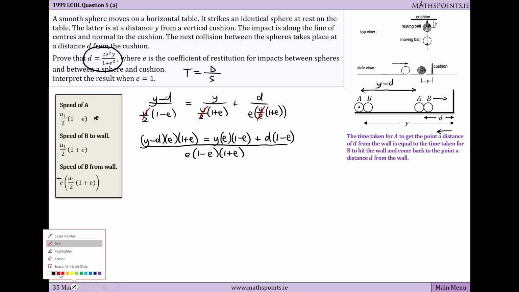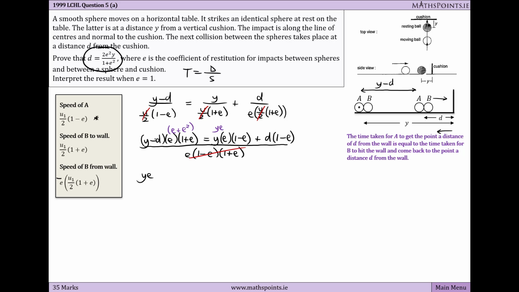Now when there's an equals on top, you can get rid of the denominator. The other thing I'm going to do is tidy up this piece here. So e times 1 is e, and e times e is e squared, and just multiply these 2 brackets together. Similarly, I could multiply y by e and just have ye. It just makes it a little bit easier as we do the multiplication on the next line. So opening this bracket and multiplying it out, we have y by e is ye.